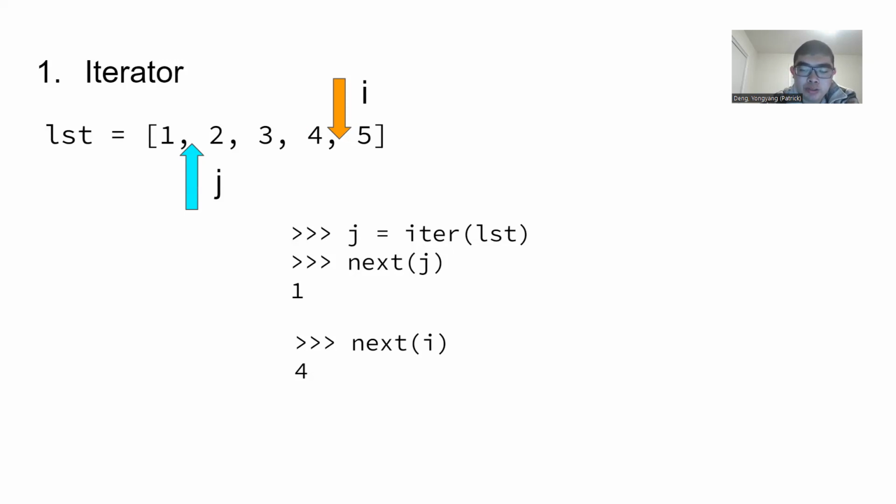They are independent from each other. So next time you lend a book to your friend, tell them not to mix up your bookmark and to use their own bookmark, so that they will not interfere with each other. It's the same for iterators. So this is the start for iterators, and then we'll talk about generators.